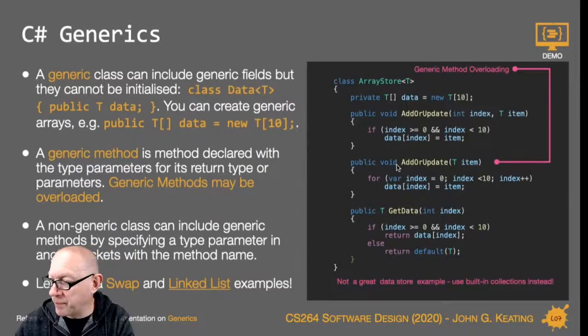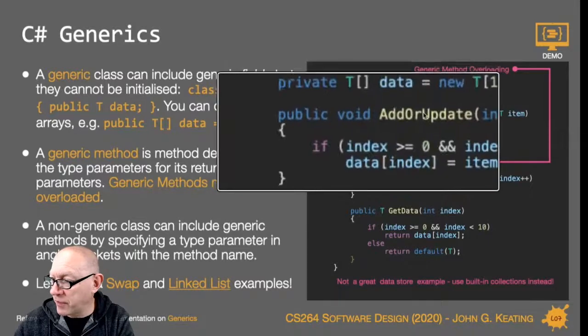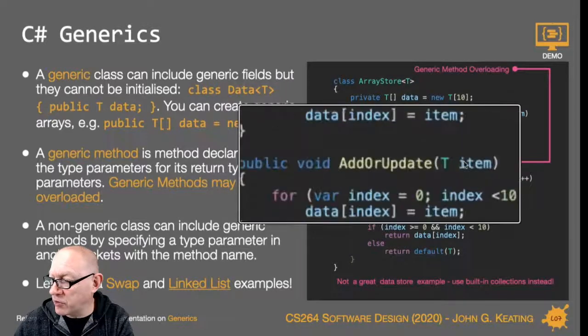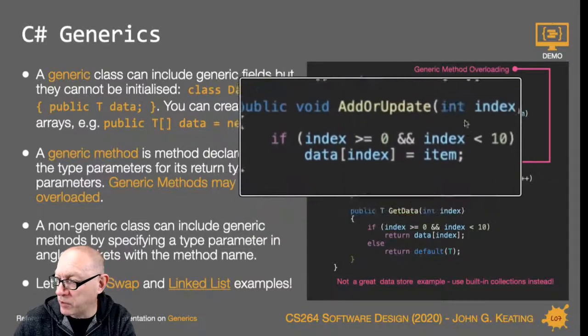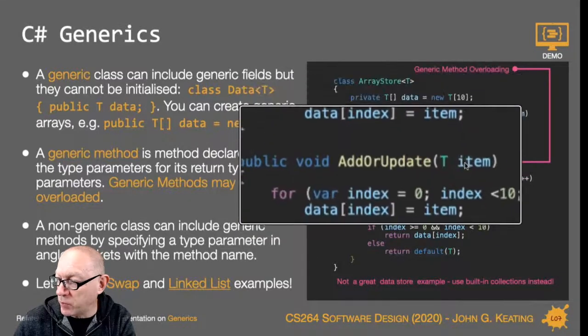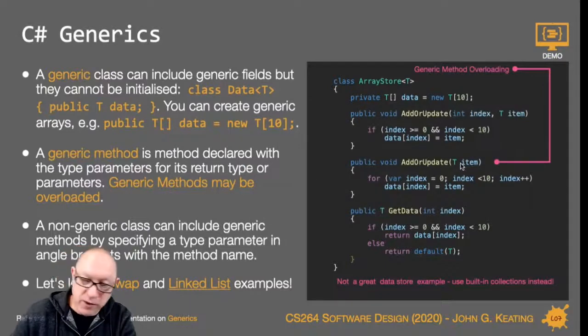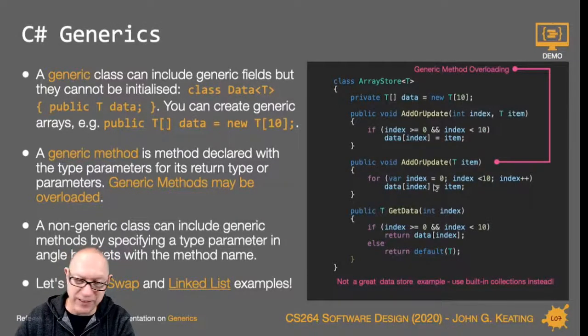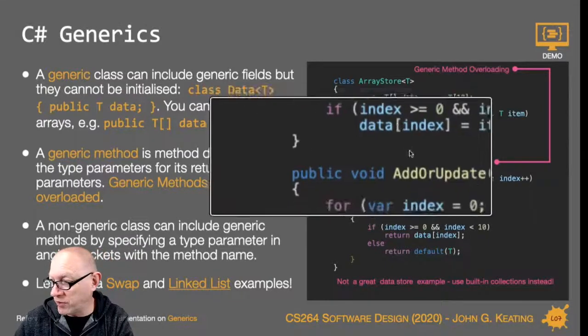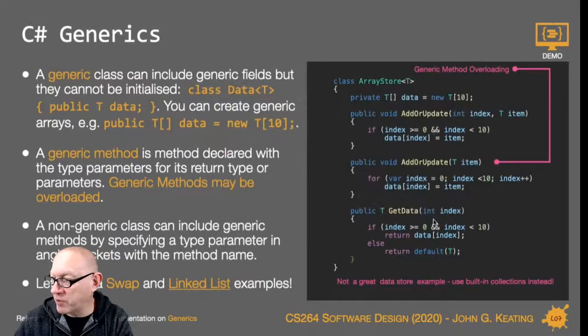Okay. Then we have another add or update. If we just have an item that's passed instead, it's an overloaded method, so we have an index here, or we just have the item, then I've decided that this adds this item to every element in the array. But that's just to demonstrate the overloading that happens, generic method overloading.